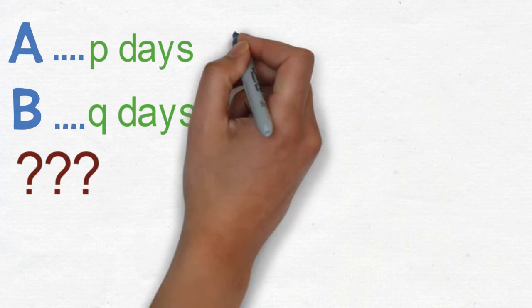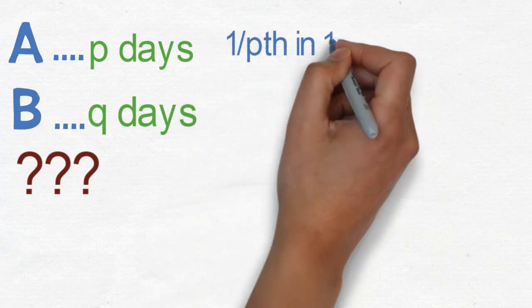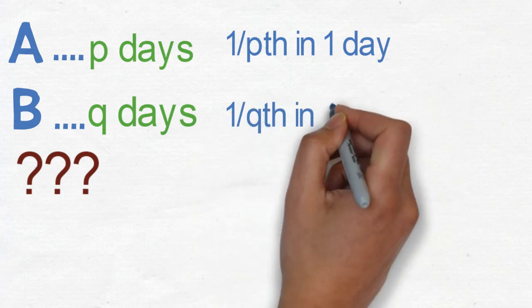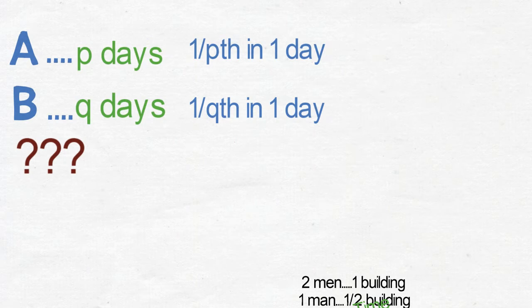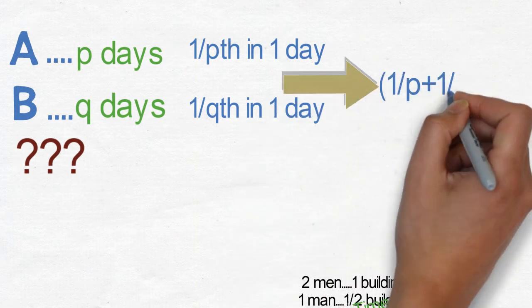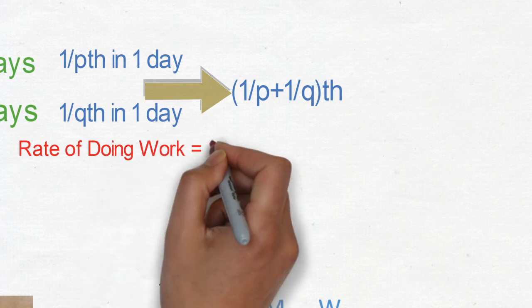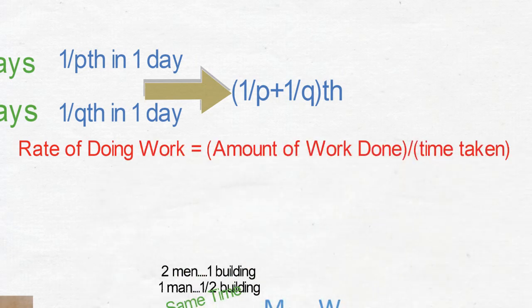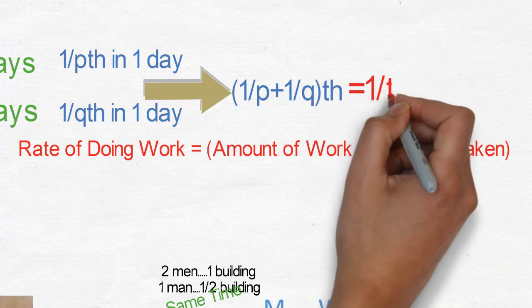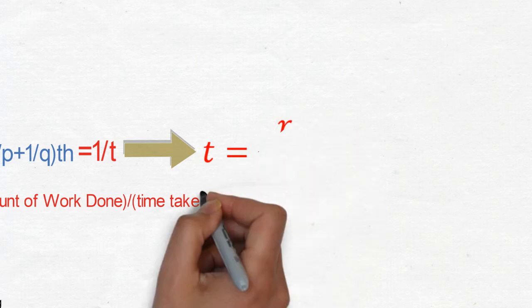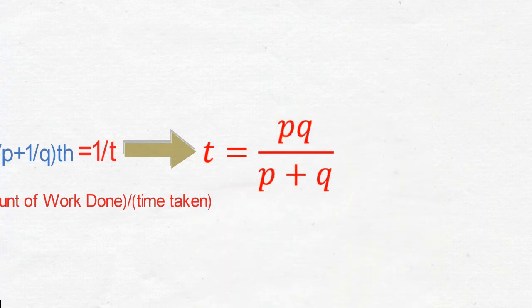A can do 1 by Pth of work in 1 day, B can do 1 by Qth of work in 1 day. So the two of them can do 1 by P plus 1 by Q of work in 1 day. Rate of doing work equals work done divided by time. Work done is as usual 1 unit divided by T, which we need to find out, and it turns out to be PQ divided by P plus Q.